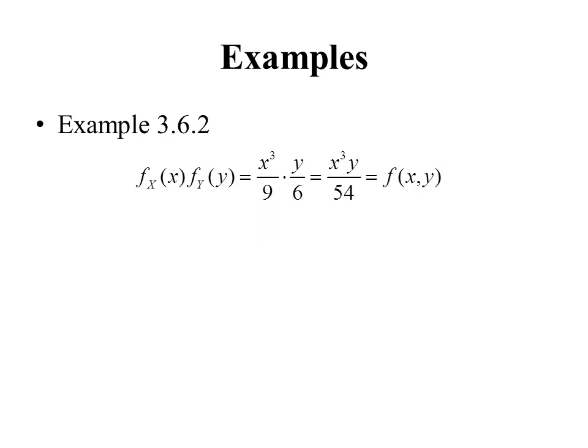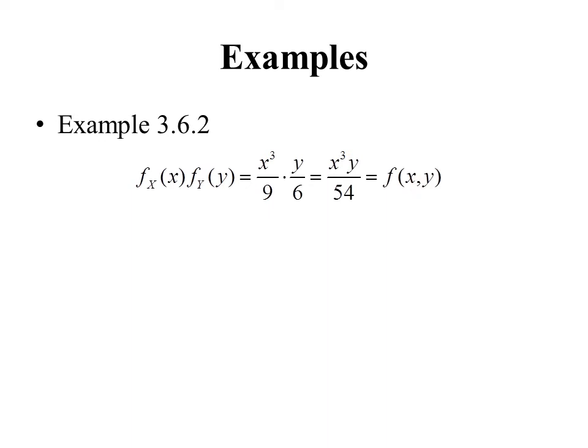In example 2, we calculated the marginal PMFs to be x cubed over 3 and y over 6. Well, if we multiply them, we get x cubed y over 54. Well, that was exactly the formula for our joint PMF. So that means that these two random variables, x and y, are independent.